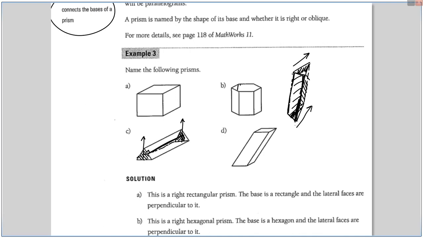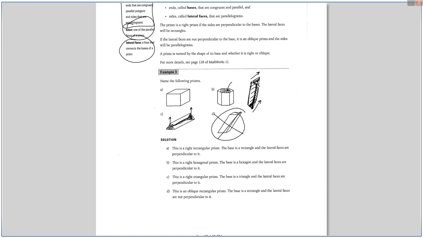I'm not going to worry too much about things like this where it's an odd shape like a hexagon or octagon. I'm mostly just interested in the squares, the rectangles, and the triangles. Also, these oblique shapes like they have here, we're not too worried about that. So we're mostly worried about the standard shapes that are right angled, nothing on the slant, or oblique is what they're calling it.